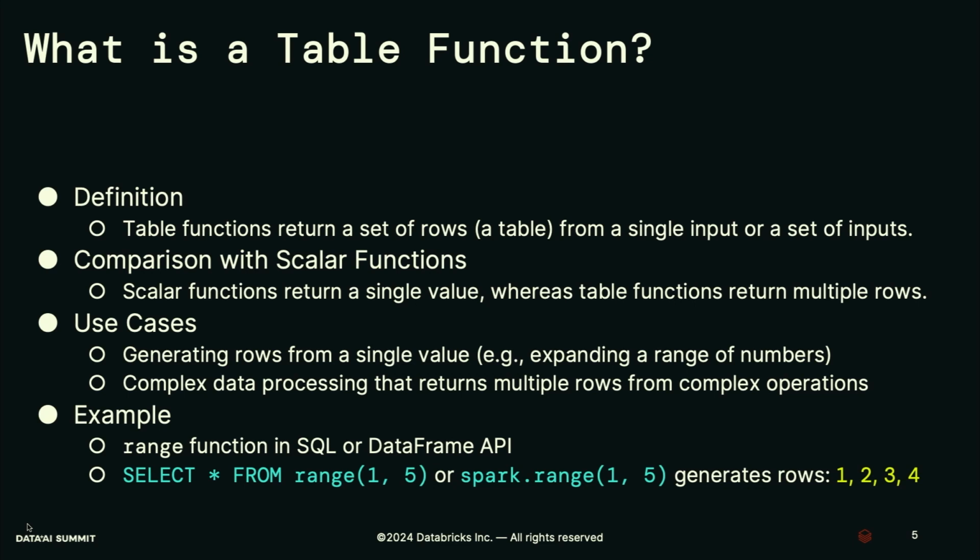Before we dive into user-defined table functions, let's first understand what a table function is. A table function is a function that returns a set of rows, essentially forming a table from a single input or a set of inputs. Unlike scalar functions that return a single value, table functions are designed to return multiple rows.